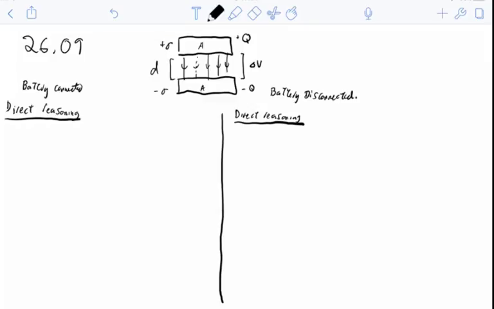There is a charge on both plates. This means that there's going to be a charge density, which is determined by the charge on the plates, but also on the area.